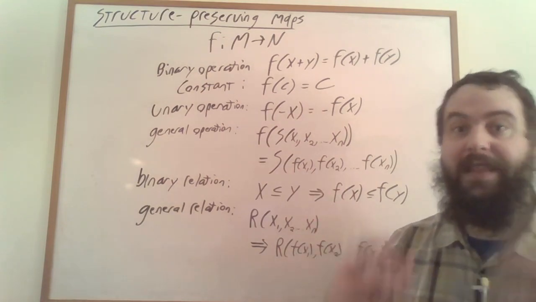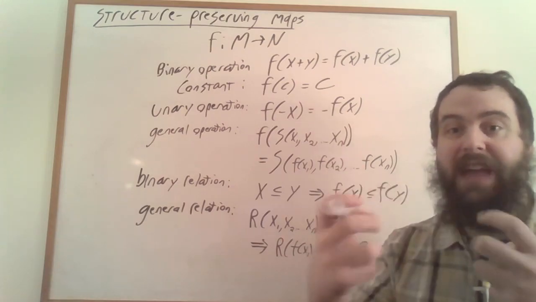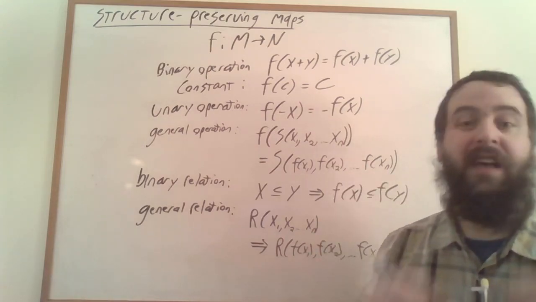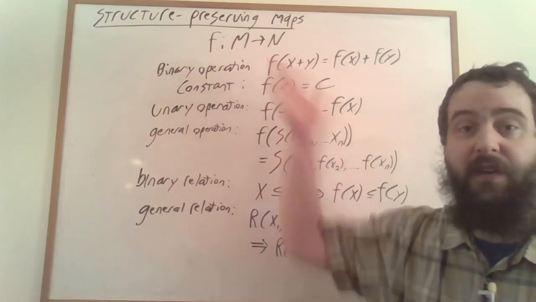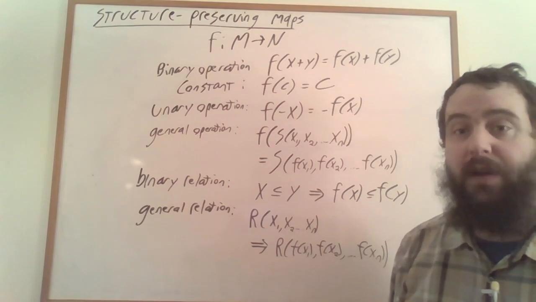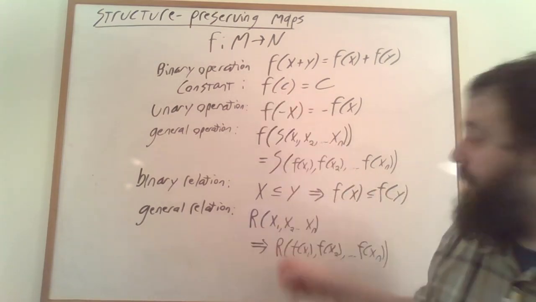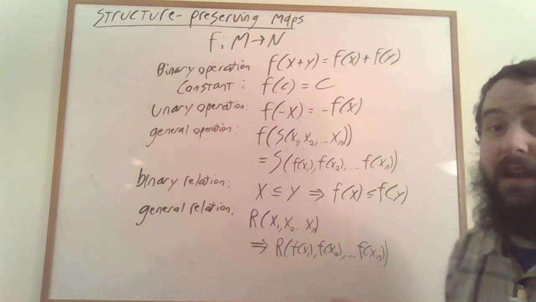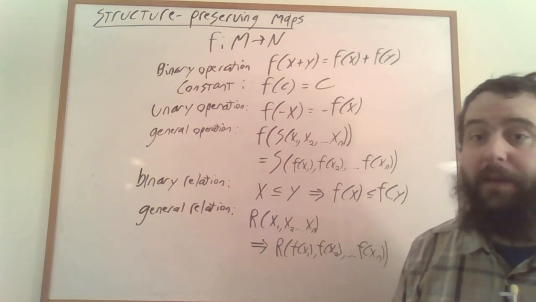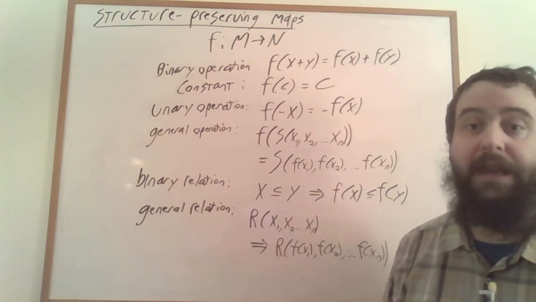If we're saying that everything that's true in M is true in N, that M and N are really the same thing, just with things being renamed via this translation function, then we really do want it to be the case that some relation holds in M if and only if the relation holds of the corresponding elements of N. So if we're talking about isomorphisms, then this condition does need to be if and only if.